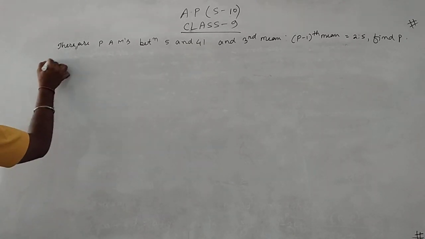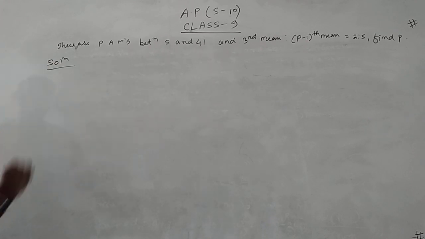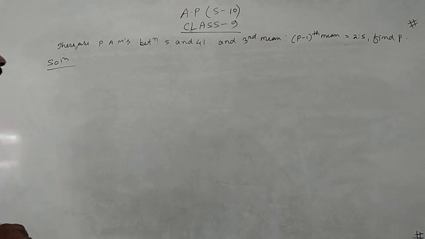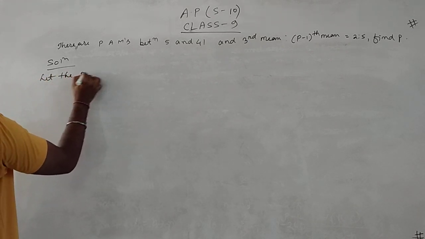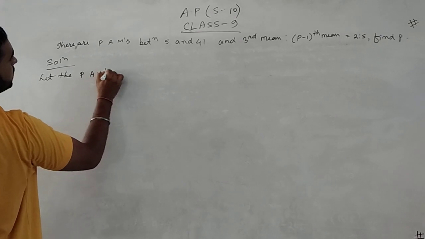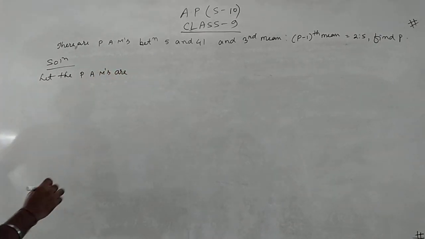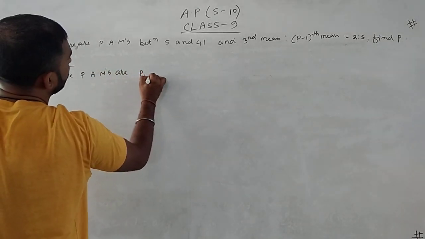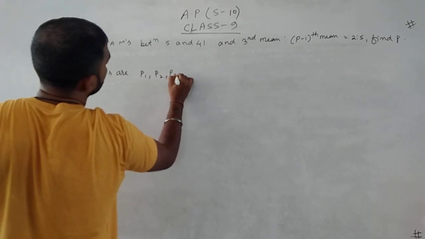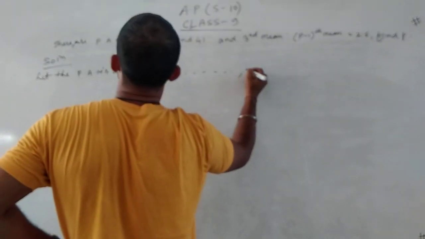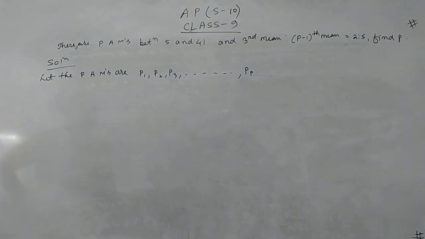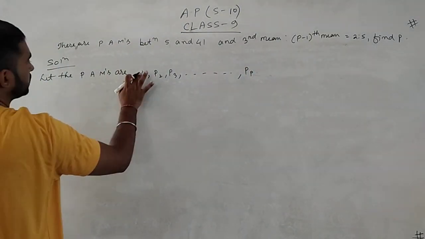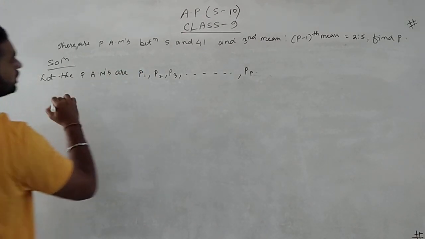Okay, now the solution. There are how many arithmetic means? P arithmetic means between 5 and 41. So let the P arithmetic means be P1, P2, P3 up to PP.